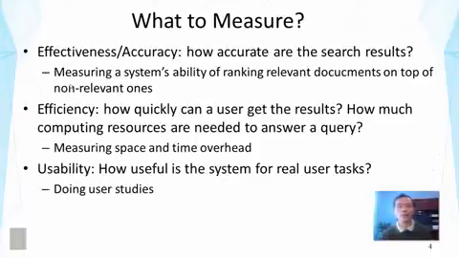Now, in this course, we're going to talk mostly about effectiveness and accuracy measures, because the efficiency and usability dimensions are not really unique to search engines, and so they are needed for evaluating any other software systems. And there is also good coverage of such materials in other courses. But how to evaluate a search engine's quality or accuracy is something unique to text retrieval, and we're going to talk a lot about this.